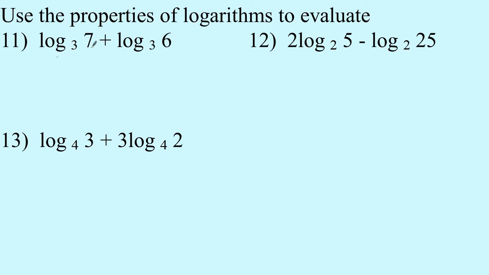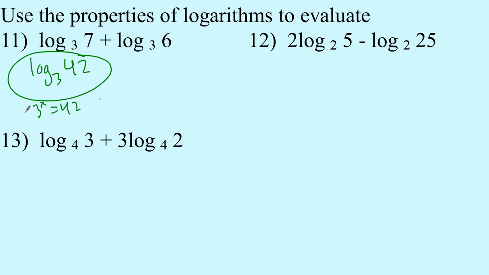Okay, you add these, we get log base 3 of 7 times 6 is 42. 3 to some power being 42 would be really gross, so let's leave it like that. This one over here, we get log base 2 of 5 squared minus log base 2 of 25.